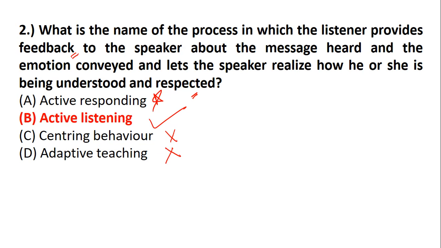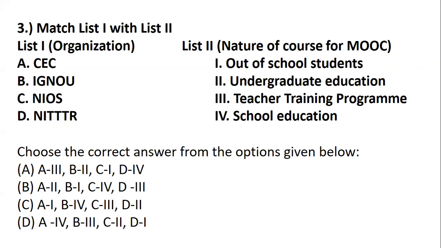Fine. Now coming to question number 3, everyone. We have list 1 and list 2, where we have organization in one column and nature of the course in the other. We have CEC, IGNOU, NIOS and NITTTR.